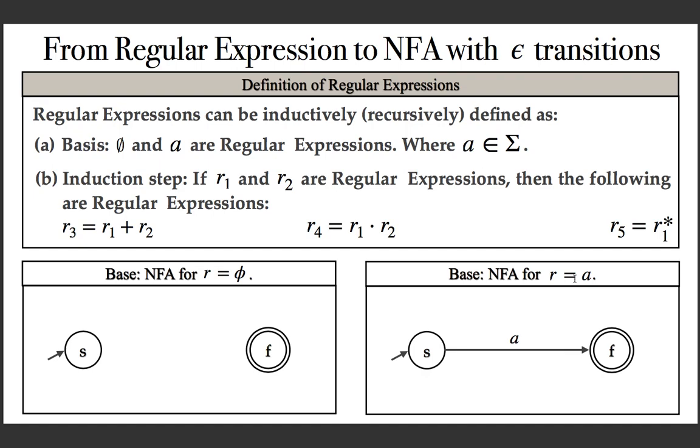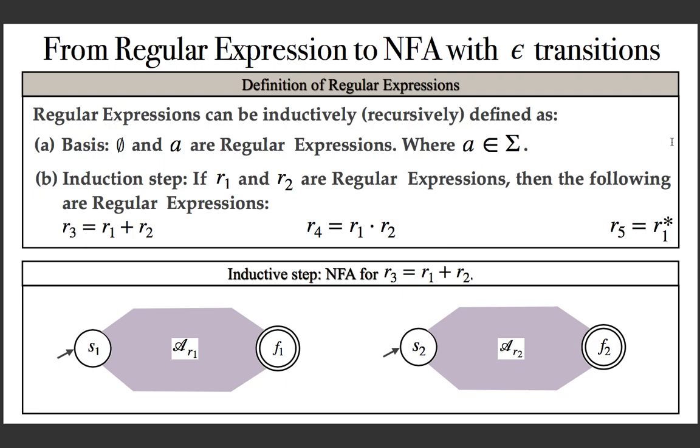Now, the induction hypothesis is that there exists an NFA for any regular expression of height at most k. Height at most k means the height of the expression tree representing the regular expression. If you do not remember it, please revisit the last lecture and see what the expression tree is. Okay, now let us try to construct NFAs for the rules.